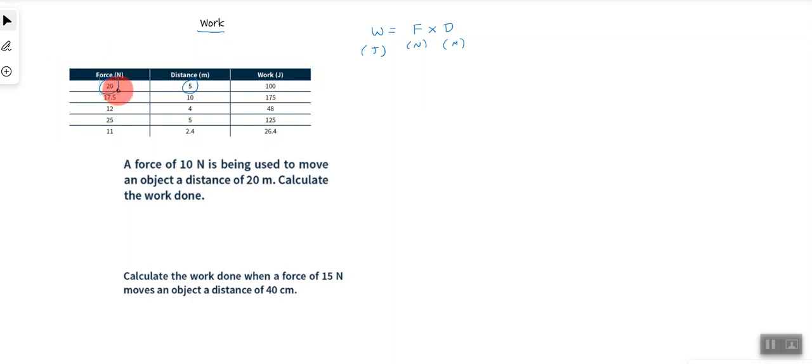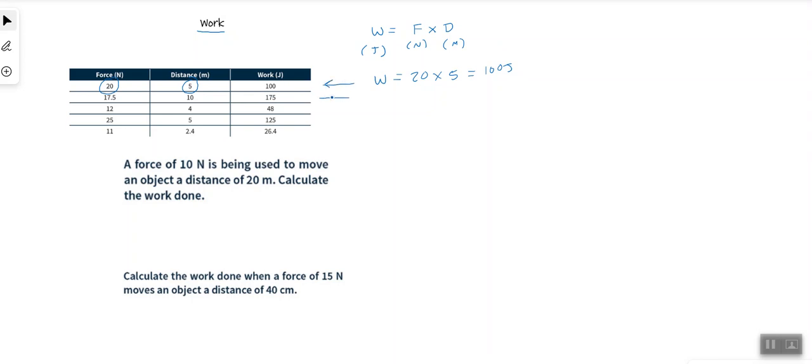When the force is 20, the distance is 5, so the work done is going to be equal to the force, which is 20, multiplied by the distance, which is 5, which is equal to 100 joules of work. Okay, so you can see this one here.